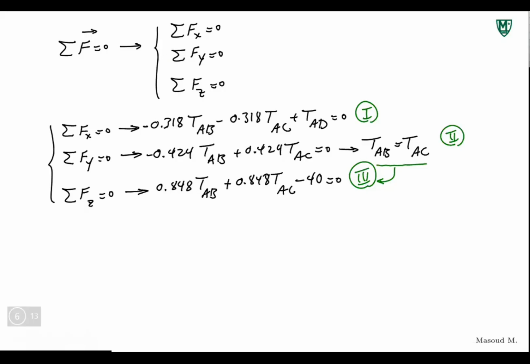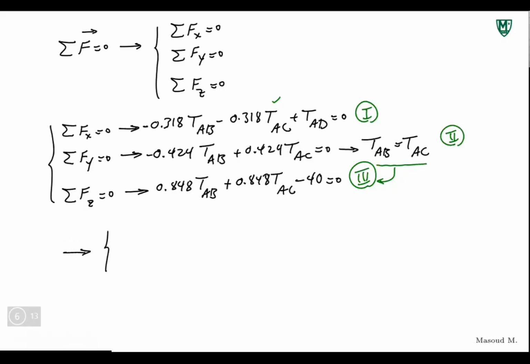And once you get TAC, TAB is equal to TAC, you can go to equation 1 and find TAD. The other way is you can replace TAB or TAC in the first equation. Then equation 1 and 3 gives you two equations, two unknowns, and we can solve that. Either way, you can just go about this.